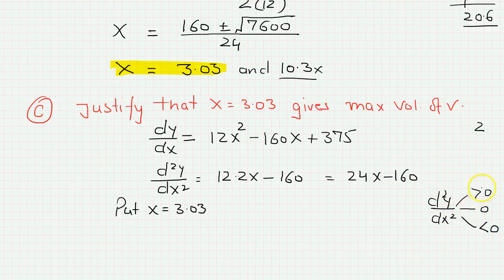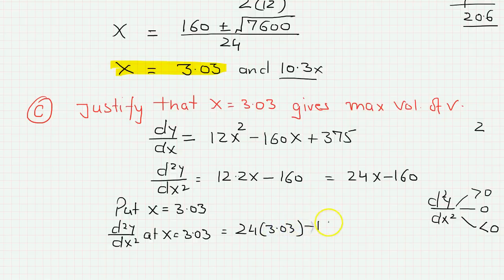So it gives three stationary points, as you know very well: maximum, minimum, or inflection. So d2V over dx squared at x equal to 3.03. Let's see what the value is. 24 into 3.03 minus 160.